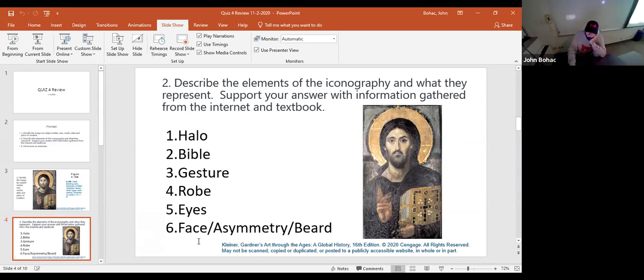Here are the most commonly listed ones: halo, Bible, gesture, robe.